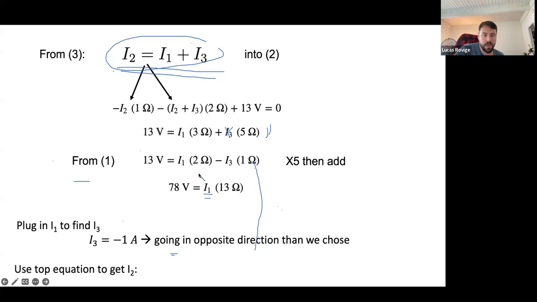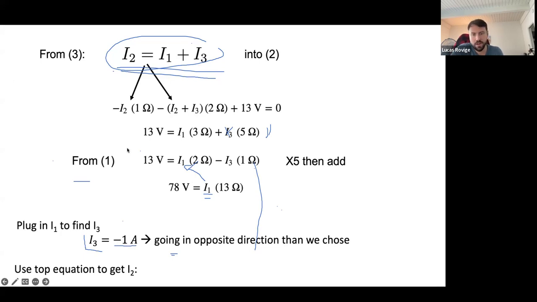And so we can replace I1 in the first equation here, and then we find an expression for I3, which is minus 1 amps. And we get I3, and it looks like it's negative.